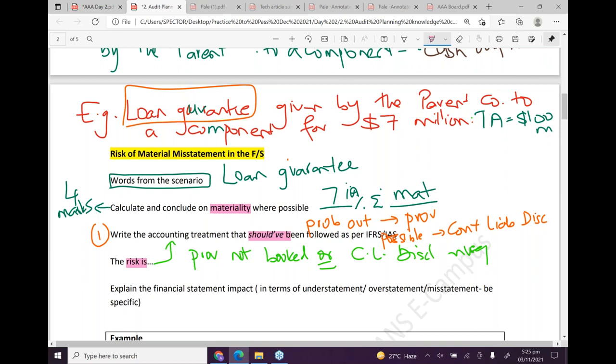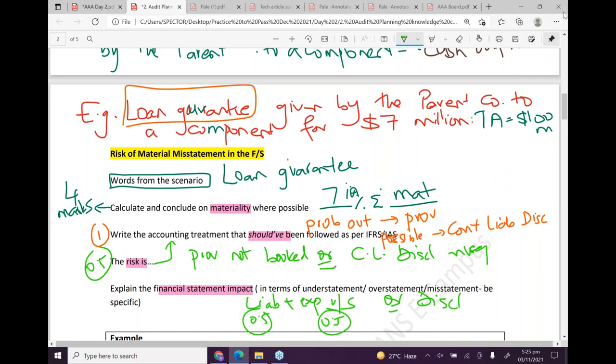So risk and then the financial statement impact. So for provisions, your liability plus expense is going to be understated, or it is a disclosure which is going to be inadequate or missing. For each correct impact, you get half a mark. So this basically means, including the materiality mark, you can get around 3.5 marks for each well-explained answer.